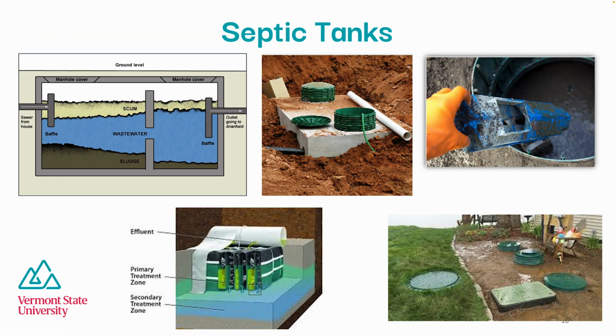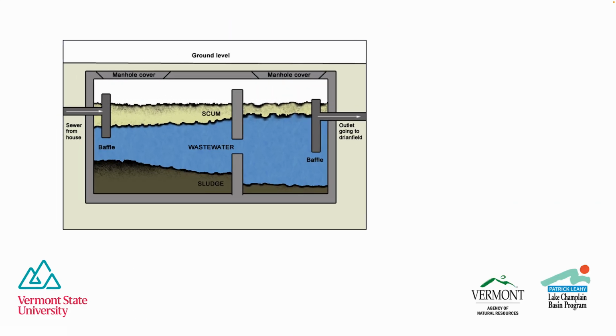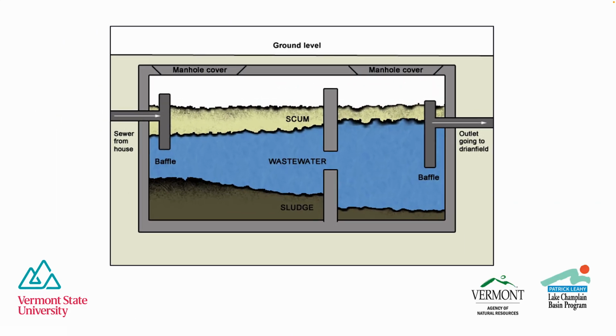Septic tanks can be different for a traditional system, as shown in one of these pictures here, which shows the baffled system, how the solids sink to the bottom, the scum, the fats, oils, and grease rise to the top, and then the wastewater is in the middle, and that gets sent out to the distribution box and the dispersal field. IA systems can sometimes have different material in the septic tanks, or an additional tank after the septic tank that does a lot of the treatment.